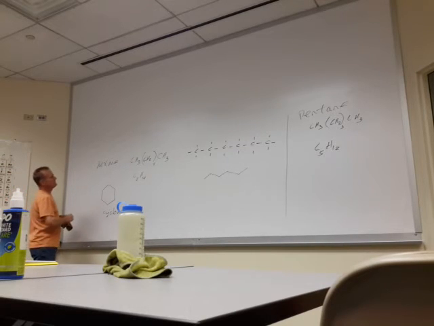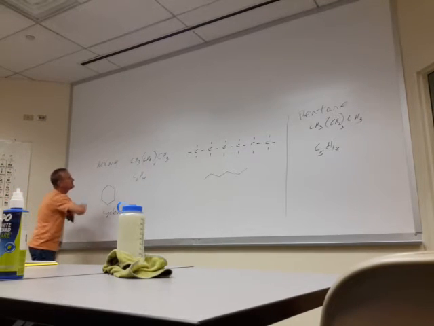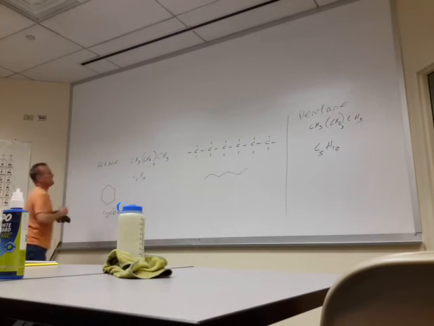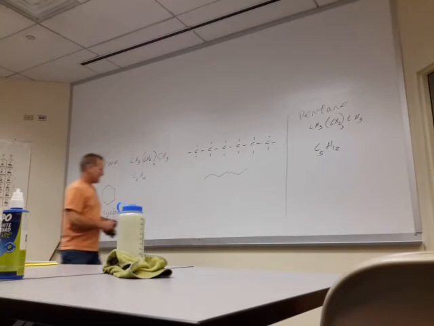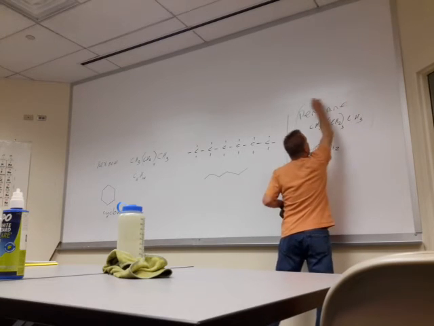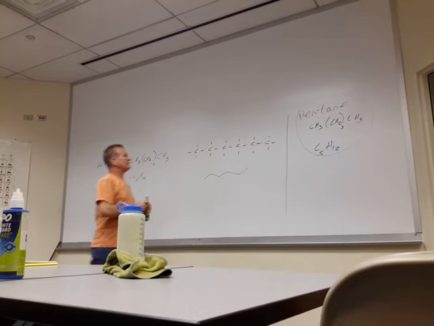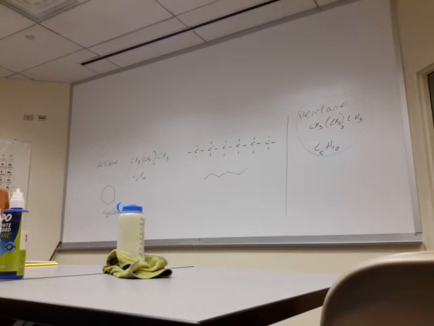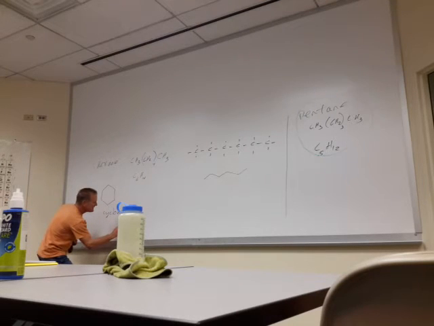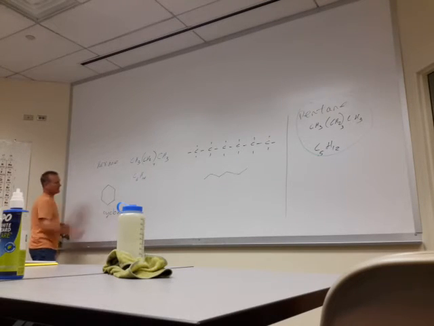So if hexane has 6 carbons and 14 hydrogens, and pentane has 5 carbons and 12 hydrogens, what about cyclohexane? It's C6. I mean, I can count them.